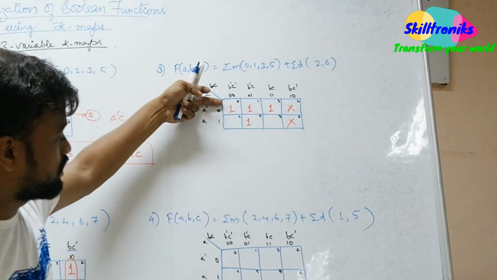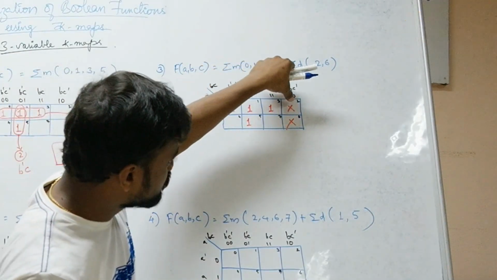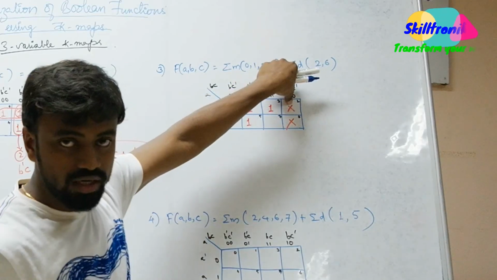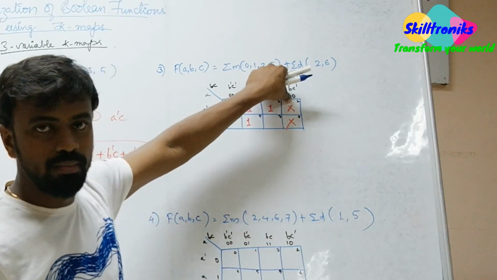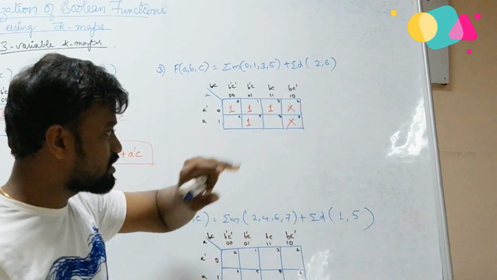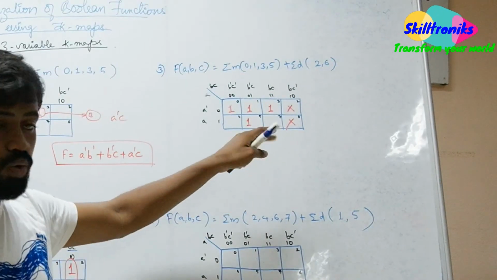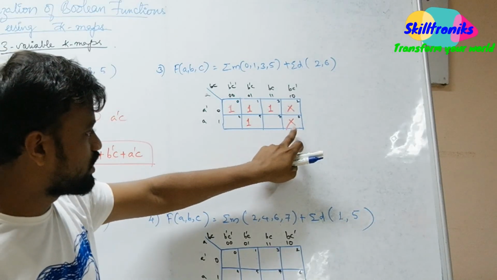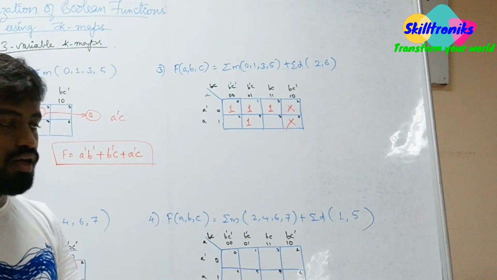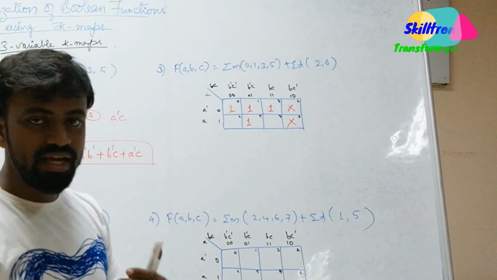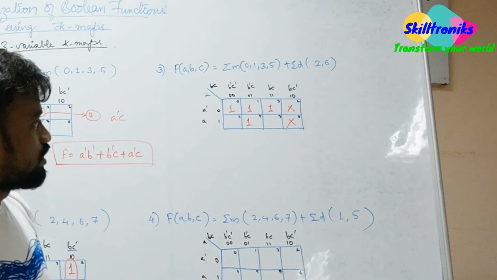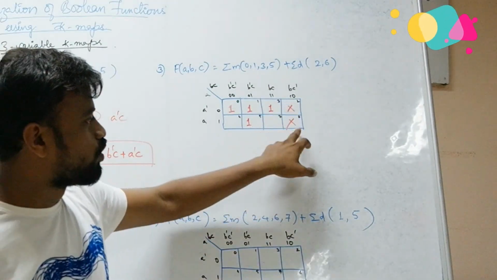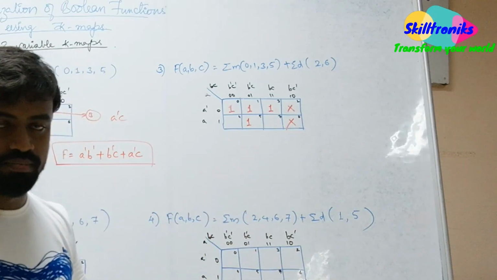So if instead of this X we have 1, we can form a horizontal quad. But unfortunately, this is not 1, this is X. That means it can also hold a value 0. Similarly, the same is the case for the second X. So we have to examine which value suits this don't care in the particular example.